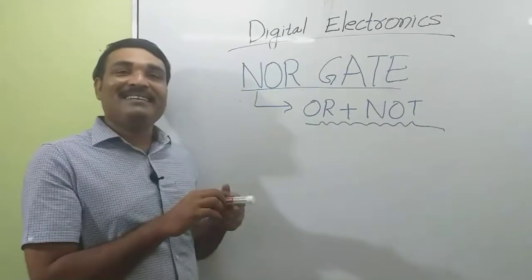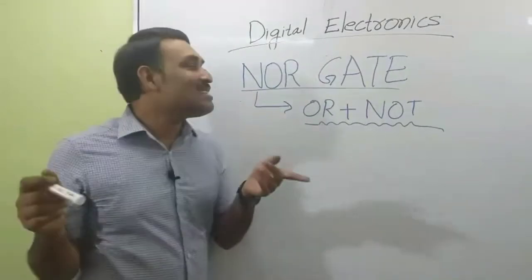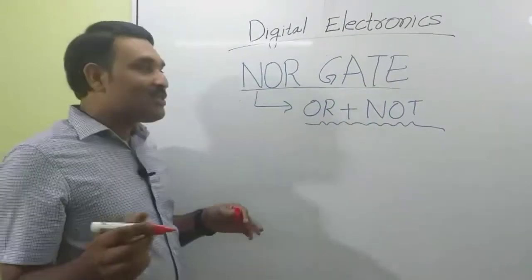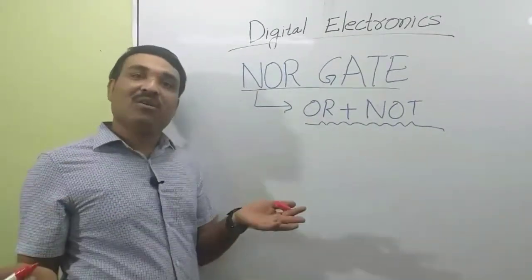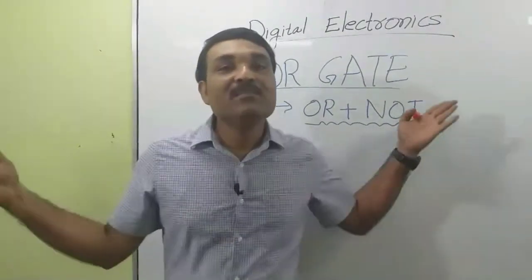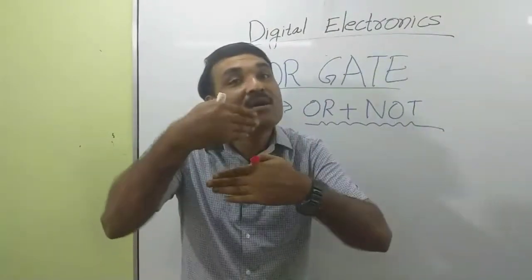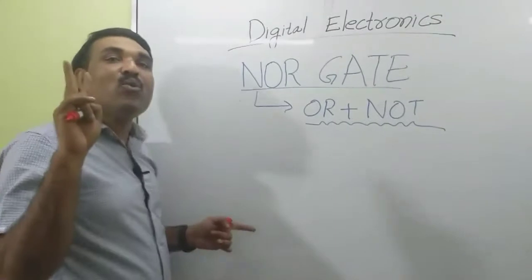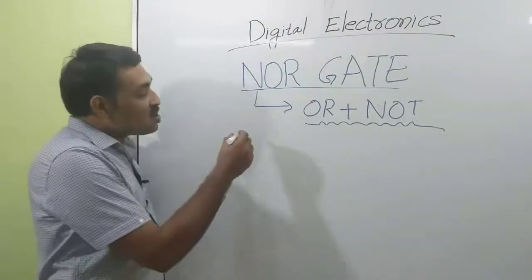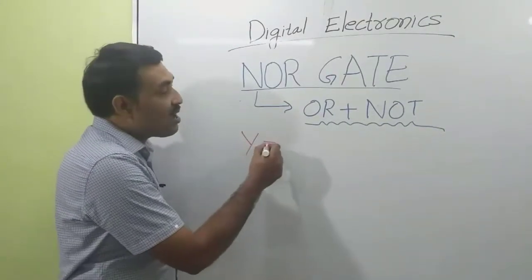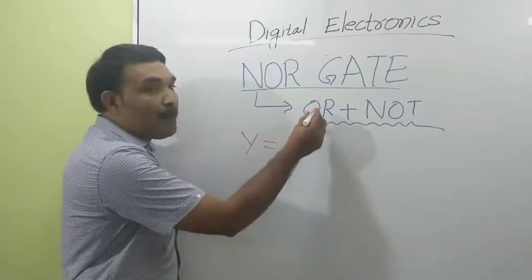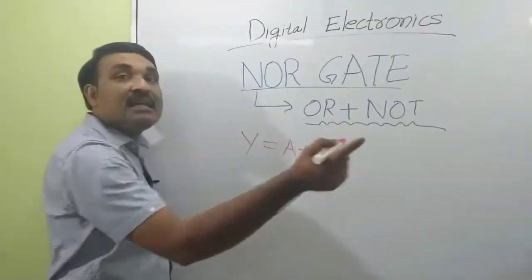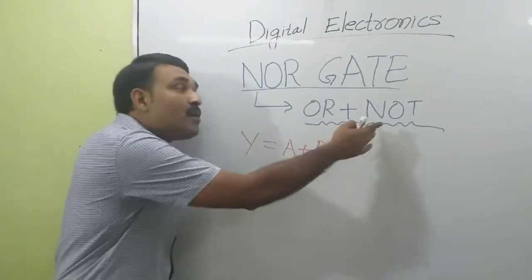Now the NOR gate. The operation taking place in a NOR gate is OR plus NOT. So first the inputs are unioned, that is logical addition, then inverted. For example, we have two inputs A and B. So the output Y is equal to A or B, that is A plus B, then inversion, that is the NOT operation, that is complementation.